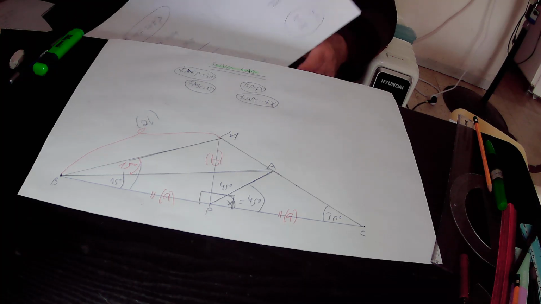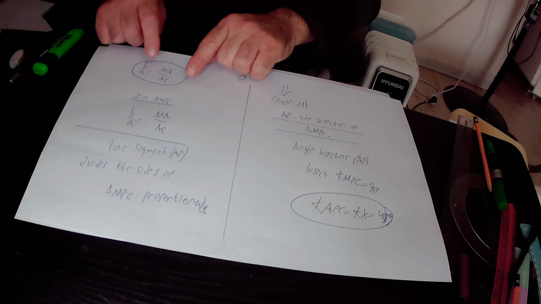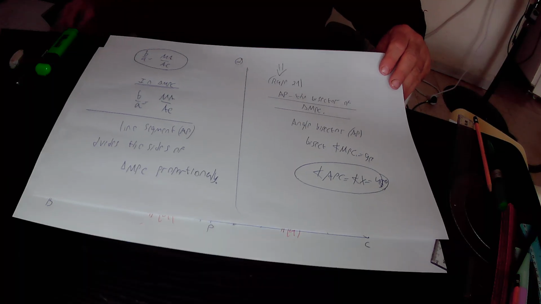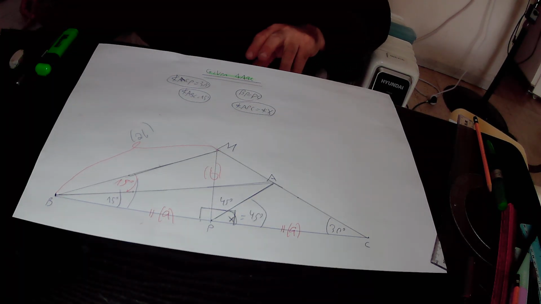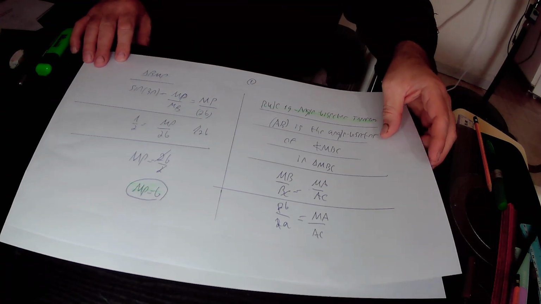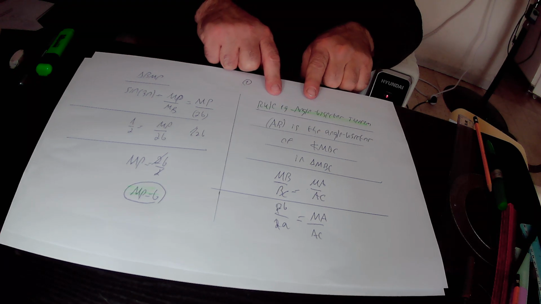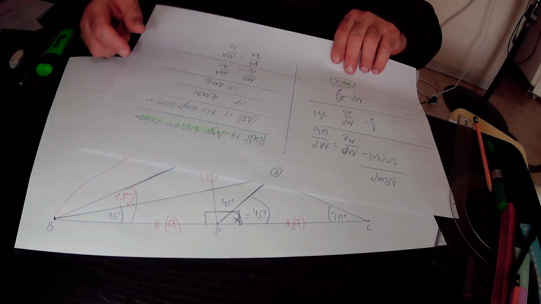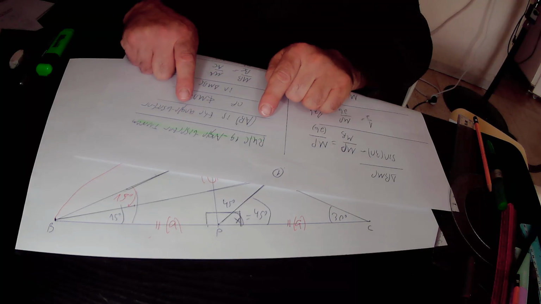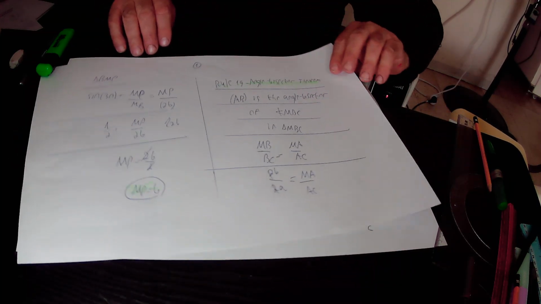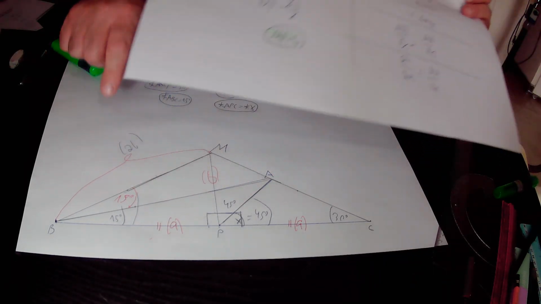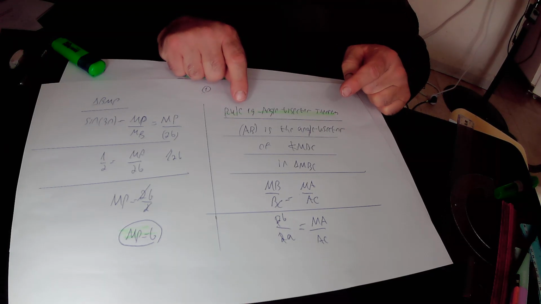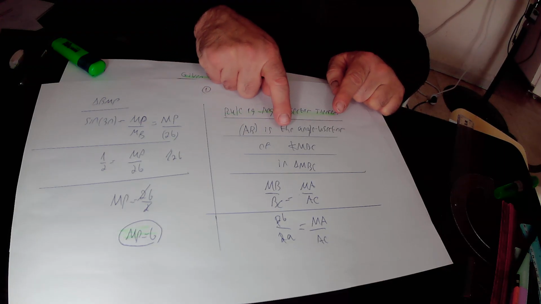And again, according to rule 19, that is the angle bisector theorem, in this big triangle MBC, AB is the angle bisector of angle MBC.